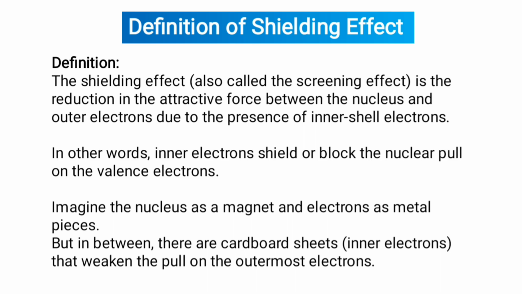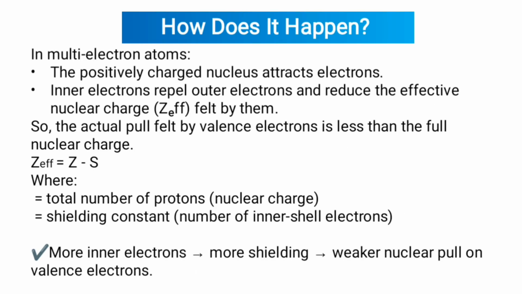Imagine the nucleus is a magnet and the electrons are metal pieces, but in between there are cardboard sheets, the inner electrons, that weaken the pull on the outermost electron. Now, how does that happen? In a multi-electron atom, the positively charged nucleus attracts electrons.